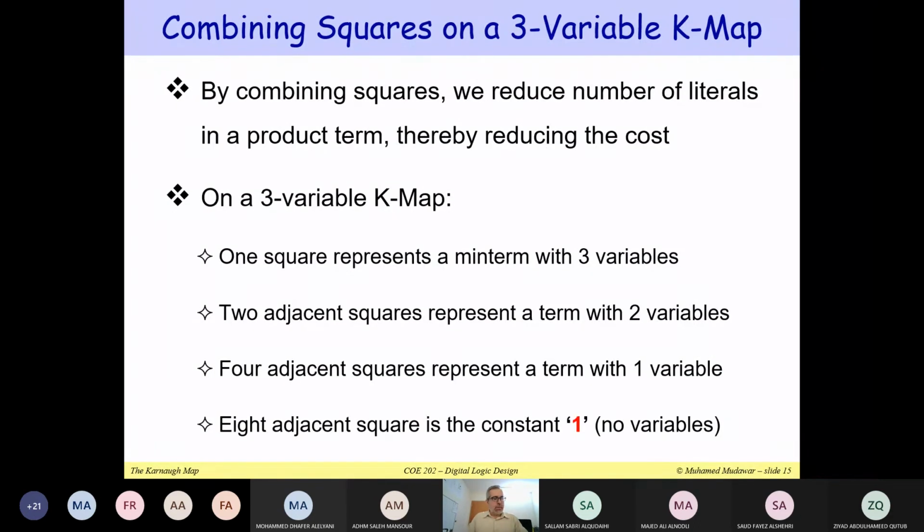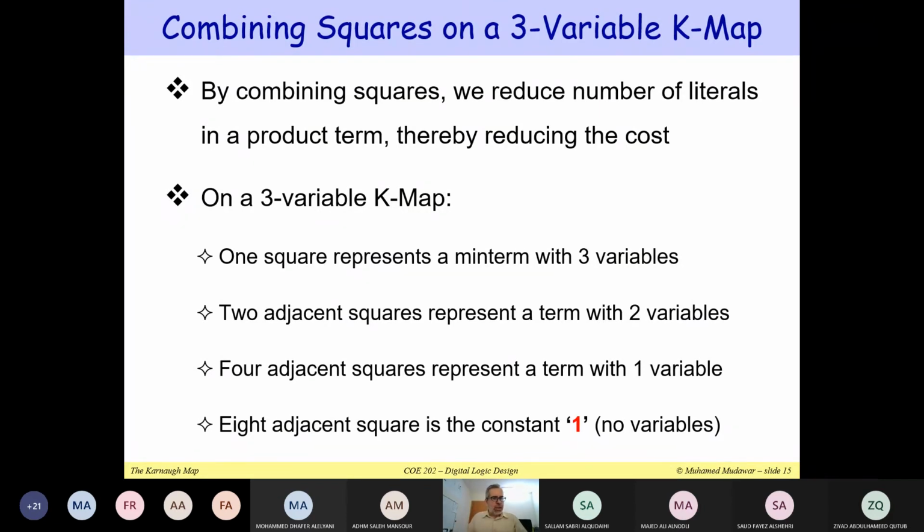Yes. Okay, so we have seen that by combining squares, we can reduce the number of literals in a product term, and therefore we can minimize the expression and reduce the cost of the circuit. If you have a 3-variable Karnaugh map, one square will be a minterm, and each minterm will have 3 variables or 3 literals.